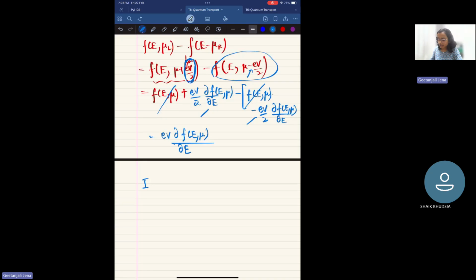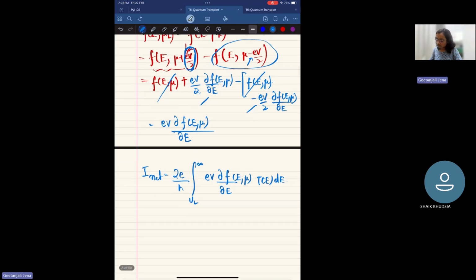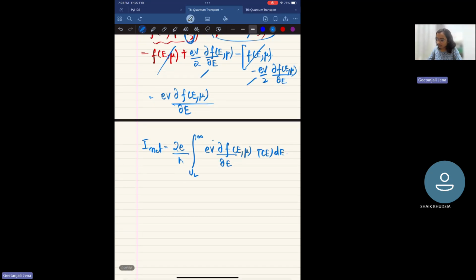Now we can write the net current, which is 2e by h, integral from minus infinity to infinity, EV dou f by dou E times T(E) dE. So we can see a voltage term here.